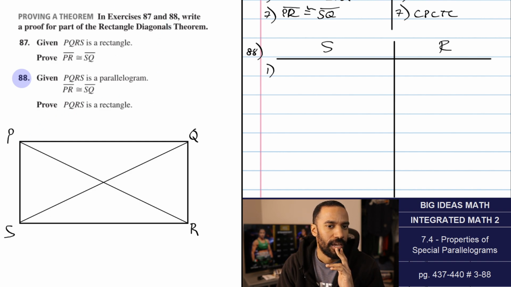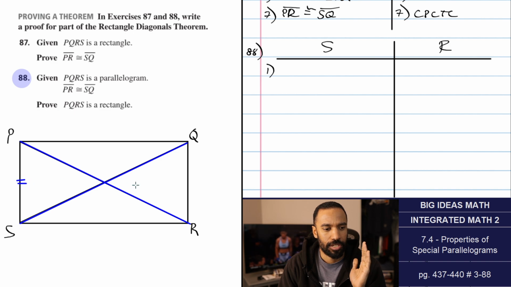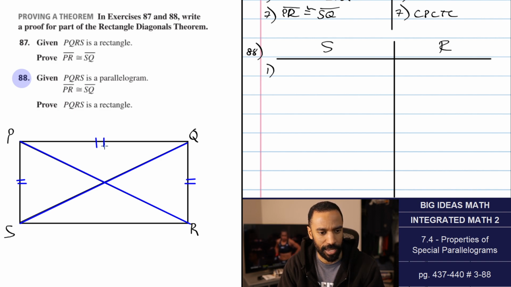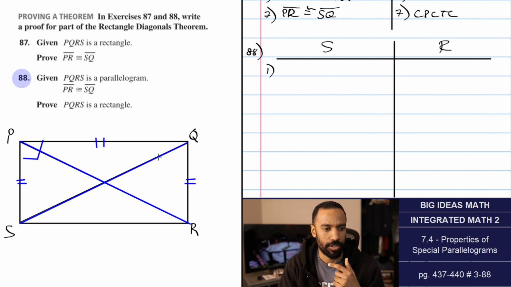So let's see. I'm going to mark some things up before I start. If I have these two congruent, boom, boom, like that. Opposite sides congruent in a parallelogram. I can still use that. Reflexive property. I'll have a side-side-side case. Then I can say this angle is congruent to this angle by CPCTC.